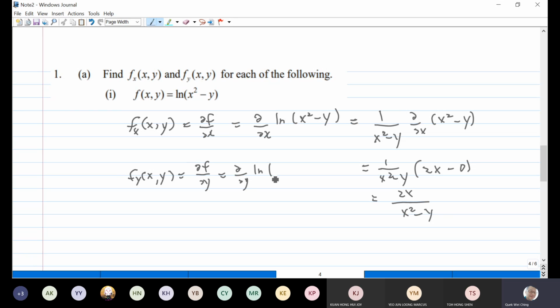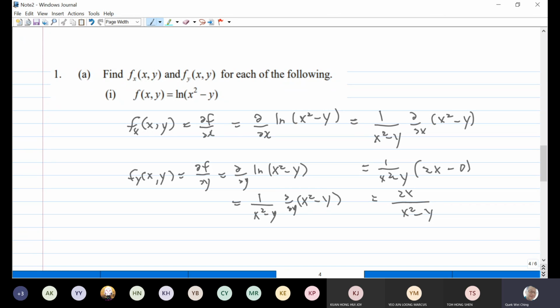Now ln of x squared minus y. Again, differentiate ln something, you get 1 over something. The same thing, so 1 over x squared minus y. But then you cannot stop here. Must differentiate x squared minus y with respect to y.